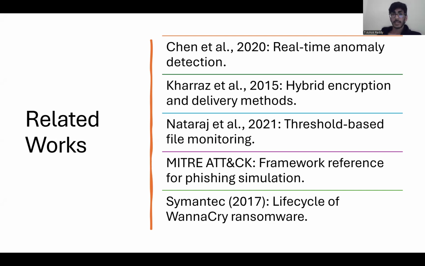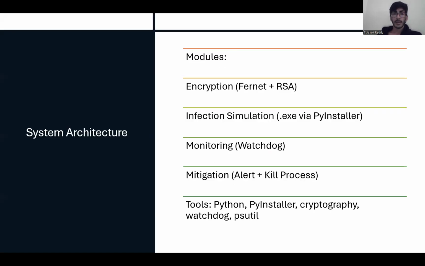Coming to the next slide, in system architecture, we have four modules. For encryption, we use the Python cryptography library with Fernet for symmetric file encryption, and RSA for securing the key. Second, infection simulation: we compile our ransomware script into a Windows .exe using PyInstaller, named Microsoft Verifier.exe.